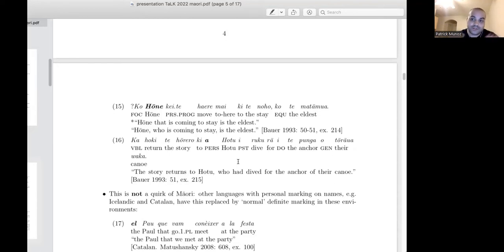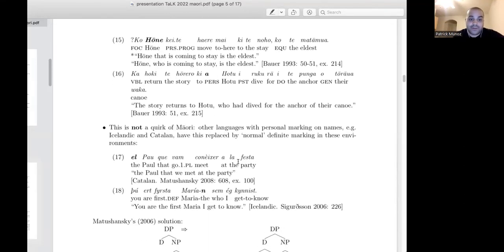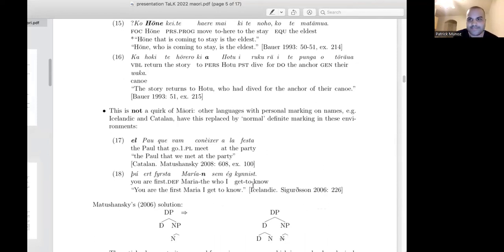So Maori does not distinguish between restrictive and non-restrictive relative clauses formally, but in the judgments, restrictive truth conditions are bad with personal marking. And this is not a quirk of Maori. This is in every language I'm aware of that does this has the very same pattern. I'd be interested to know if there are counterexamples, but this has been mentioned, for example, in Catalan and Icelandic.